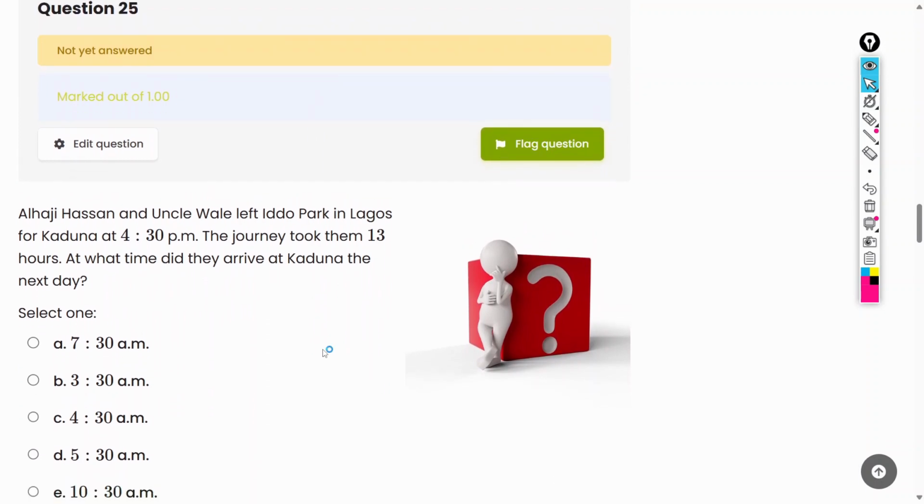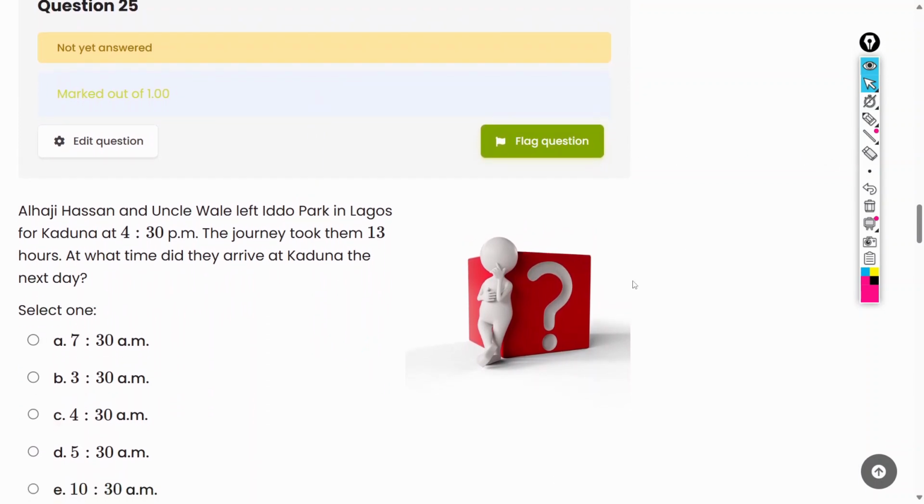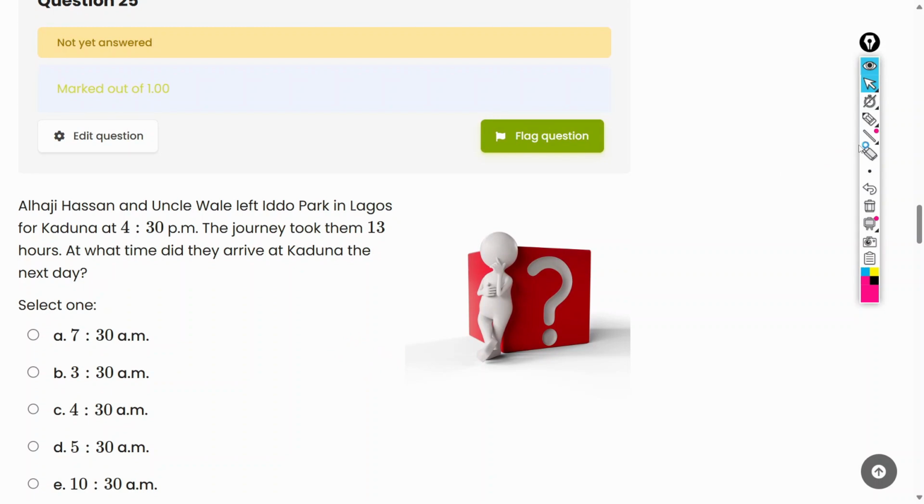Question 25. Alhaji Hassan and Uncle Wale left Ido Park in Lagos for Kaduna at 4:30 p.m. The journey took them 13 hours. At what time did they arrive at Kaduna the next day? So one rule you might want to recall is that 12 hours is what it takes to move from AM to PM of the same time.